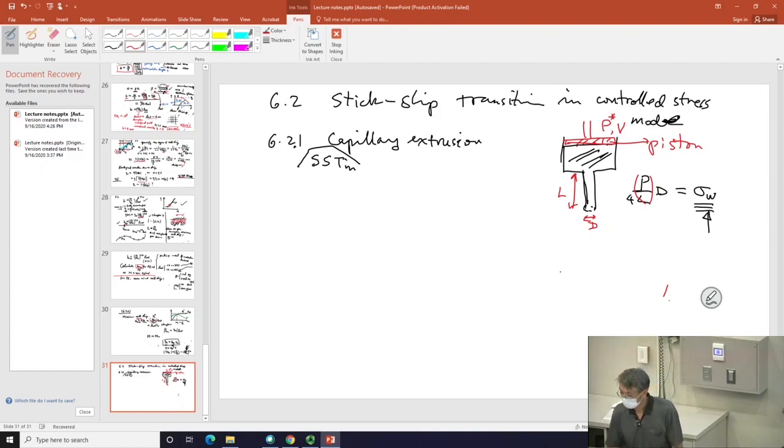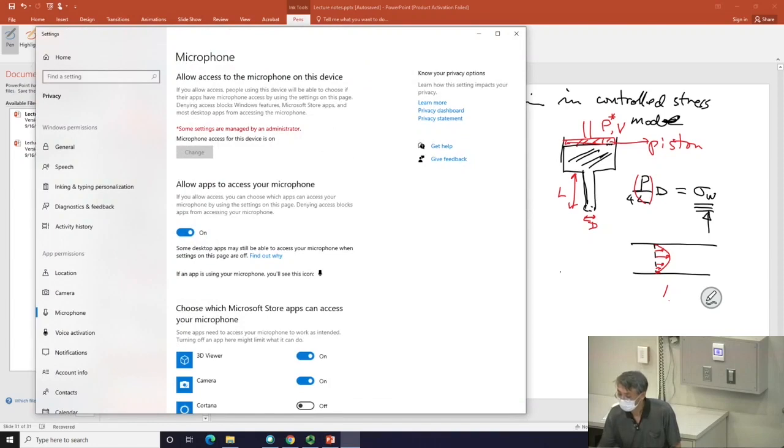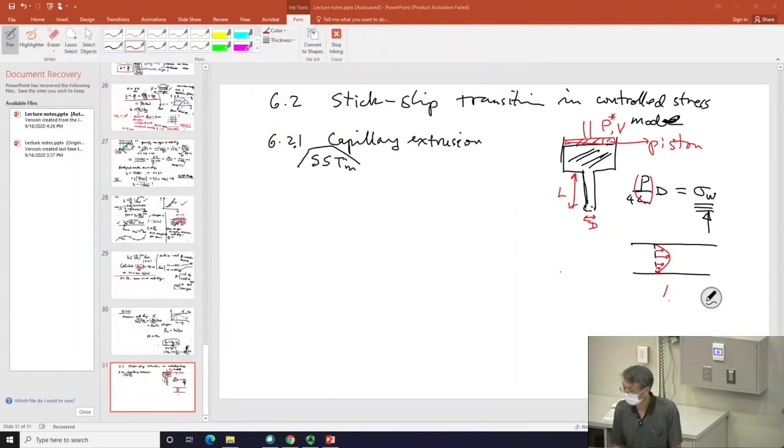And if you recall, we talked about in the limit of Newtonian that the velocity field inside a die will look like this, with maximum velocity in the middle. And if there is no slip, you have zero velocity at the wall.